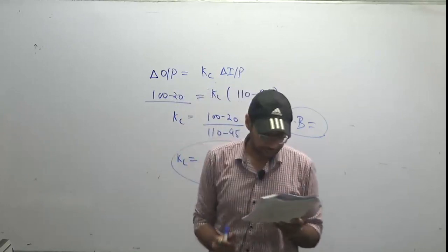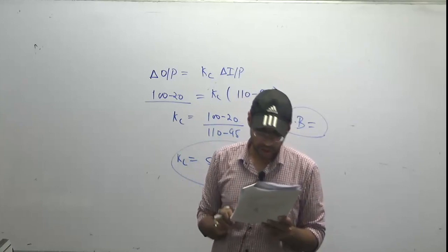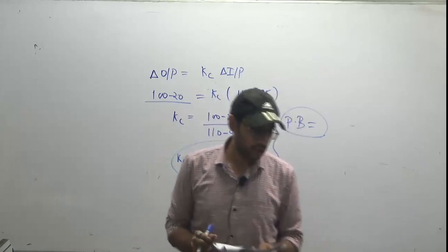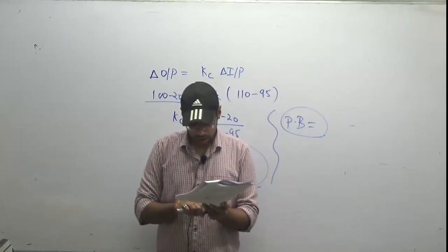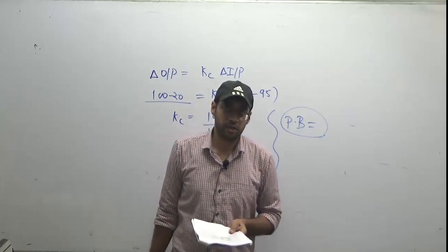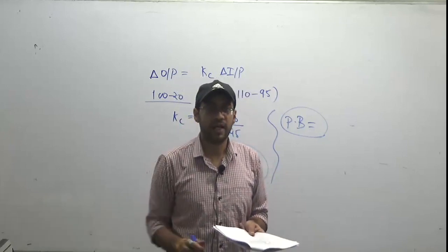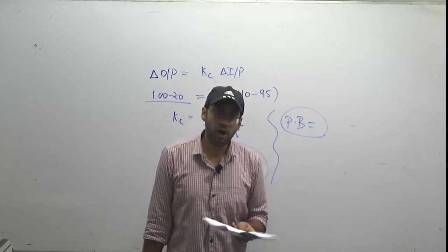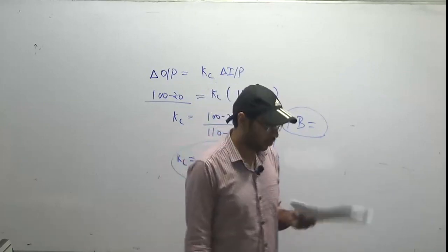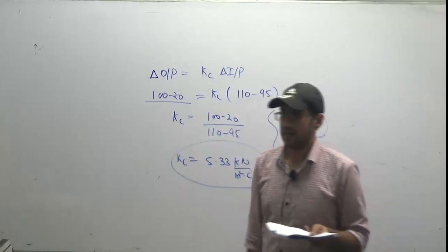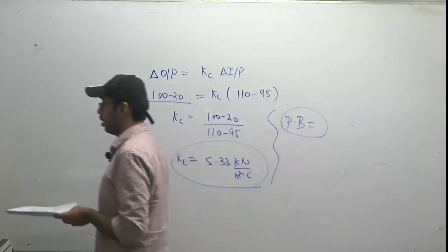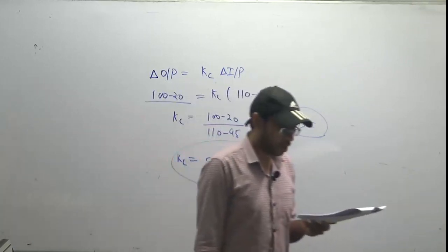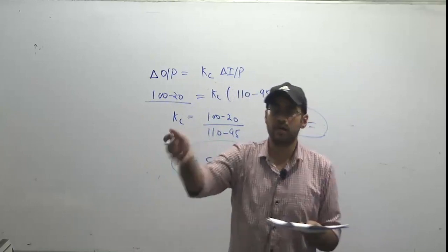So write down one thing. They are saying this and this. Write down the ratio of actual range to the ideal range. Proportional band is defined as the ratio of actual range to the ideal range, or we can say how much band is being used, or percentage band used.